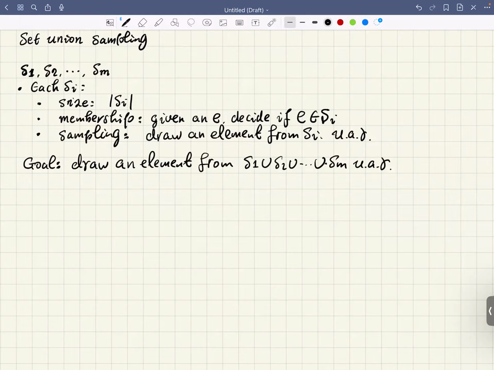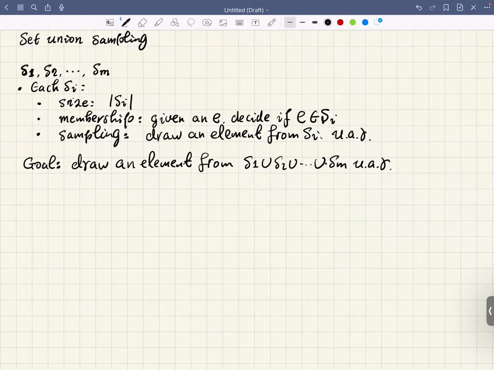In fact, what you have to do is get the sizes of all these sets, which already takes you M time. Then you can build an alias method on the fly over those sizes. After that, you can start drawing samples from the sets.